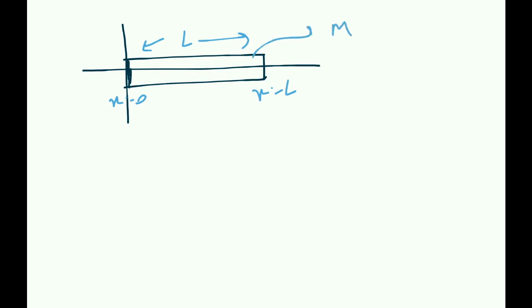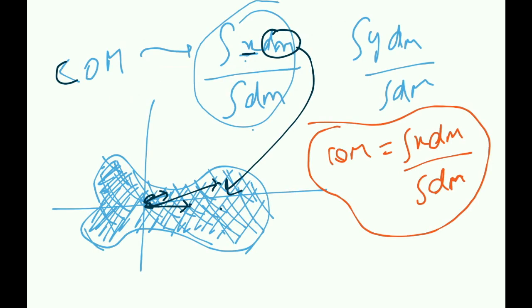Oh yeah, I want to tell you one more thing. When you take a continuous system and integrate dm, the total mass is going to be nothing but the full mass. So the integration of dm is going to give me m.